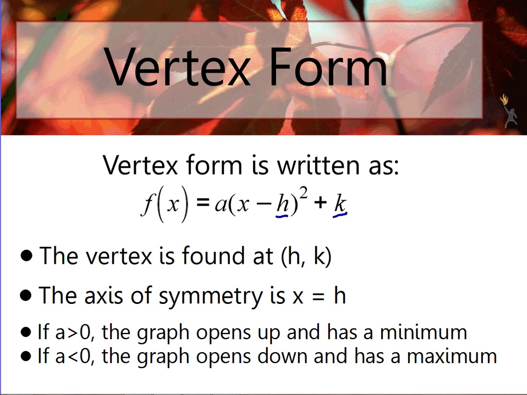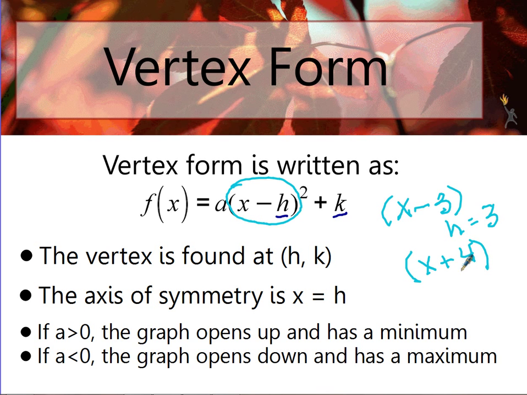I want to quickly caution you about this set of parentheses. When I have to identify h, if I have something in parentheses like x minus 3, that means that my h value is 3. If, however, I see something like x plus 4, because there's a subtraction sign in my equation, that means h is going to be negative 4.